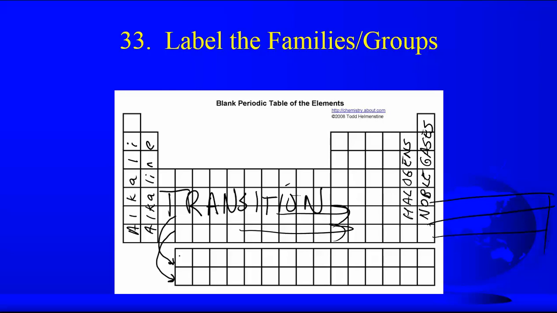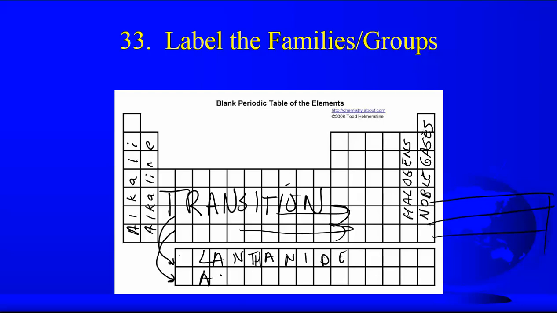Actually, can Knoxville say that they have a former citizen on the periodic table? Look at element, I think it's 106, Sg. Seaborgium is named after an Oak Ridge resident. Okay, so he's the first one that said, hey, let's put these guys down here. This is called the lanthanide series.